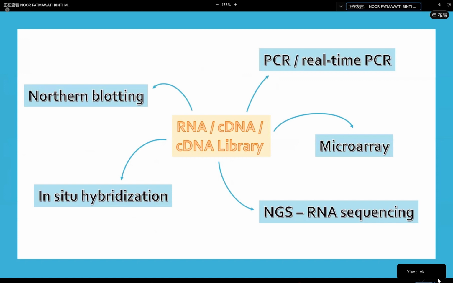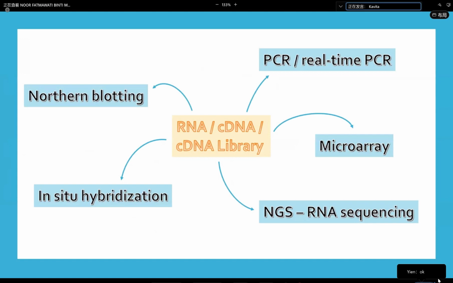Can I ask you, real-time PCR, is it amplification free or hybridization, or amplification dependent? Amplification dependent. Yes, amplification dependent. Microarray? No, it's independent. Microarray, NanoString is considered microarray.